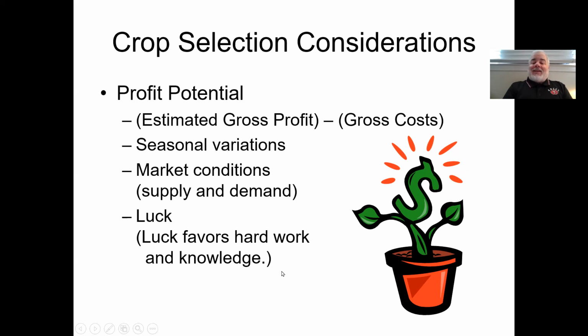But I like to say luck favors hard work and knowledge. A lot of people say, oh, that person was lucky. Well, part of it might be luck, but they were prepared to take advantage of that situation because they knew what they were doing. So the whole thing about luck is being prepared when market conditions are right.